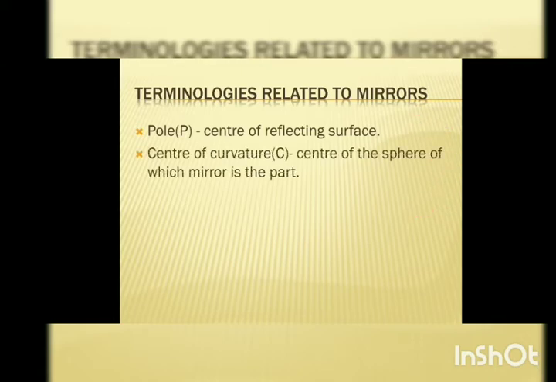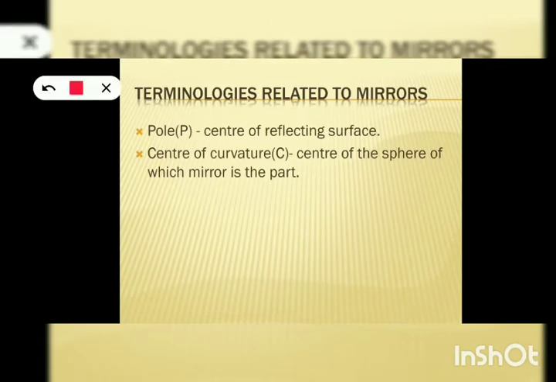Next is center of curvature of the mirror. What do you mean by center of curvature? Center of curvature is the center of the sphere of which the mirror is a part. If we consider a concave mirror like this, we know this is the pole of the concave mirror, and if we complete this arc, you will get a sphere, and this sphere has a center.